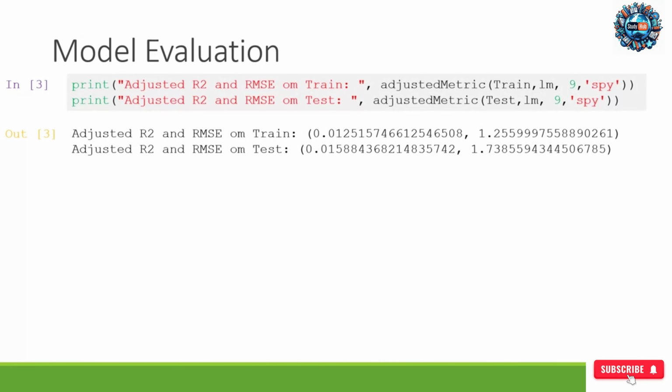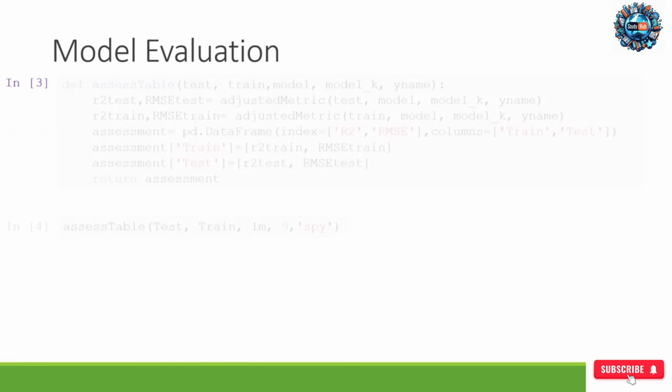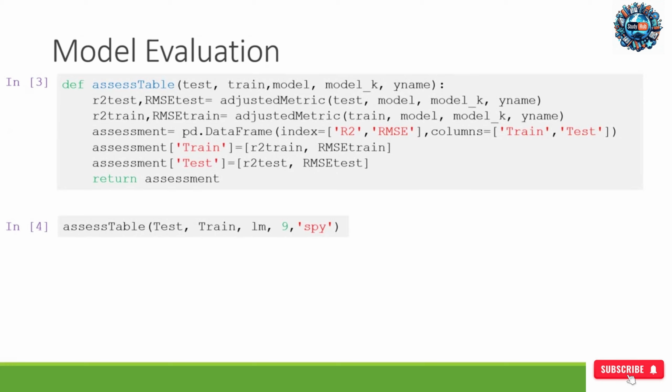Then we compute adjusted R-squared and RMSE for both train and test using the function adjust metric. We give another function assess table to generate an output which compares the R-squared and RMSE between train and test.